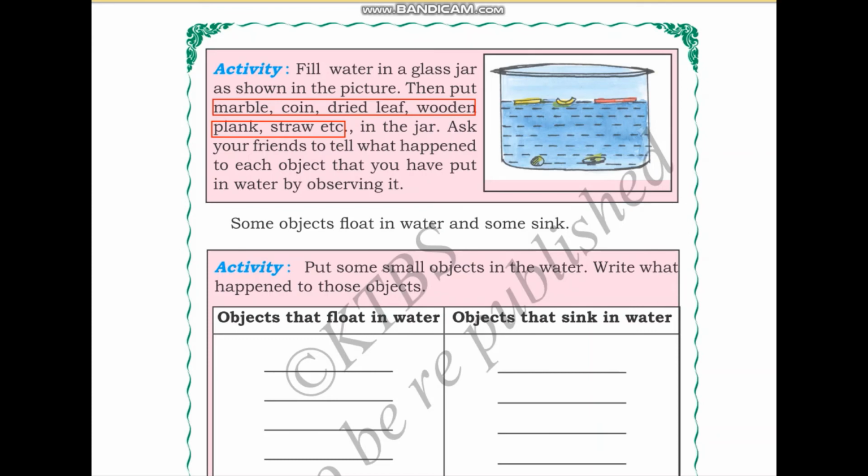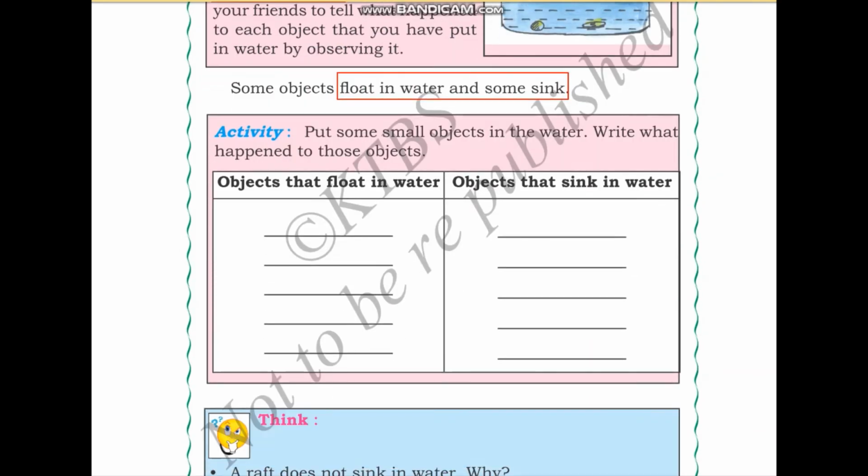Some objects float in the water and some objects sink. The next part of the activity is you have to list down the objects that float in the water and objects that sink.